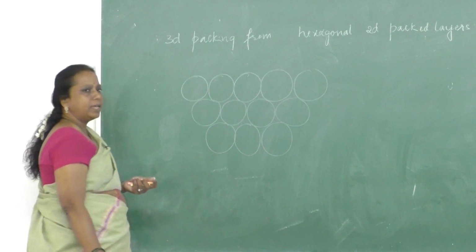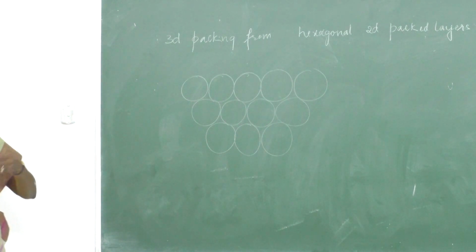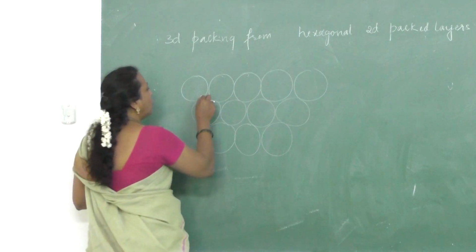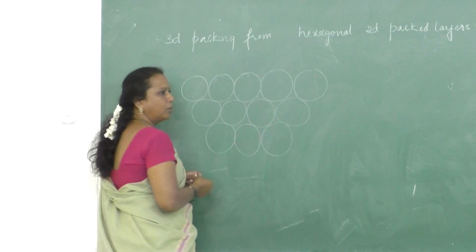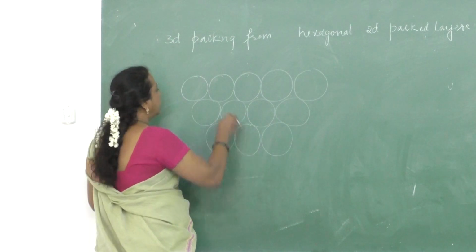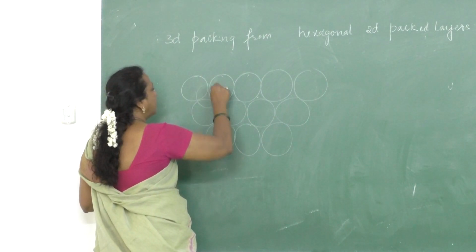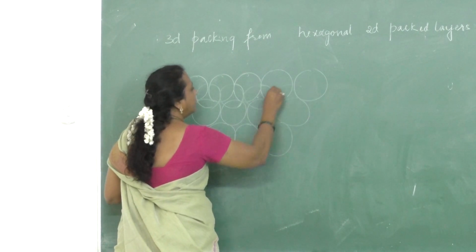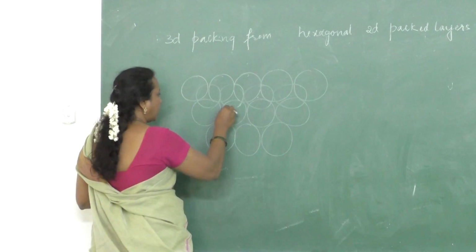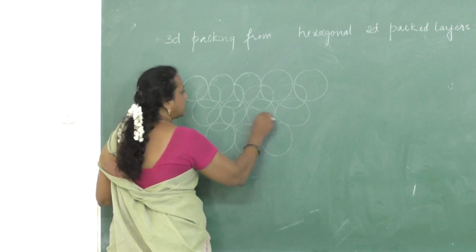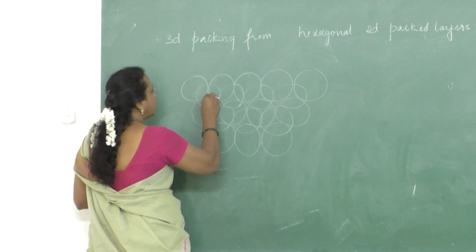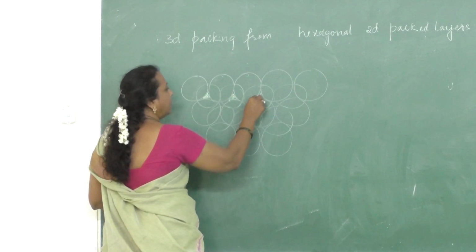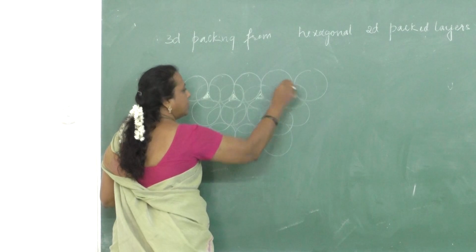While placing the second layer sphere, we are placing it on one kind of void. The sphere of the second layer is falling on the void of the bottom layer. Only one type of trigonal void is occupied with spheres. See, this is the sphere which is covered with the top layer sphere.